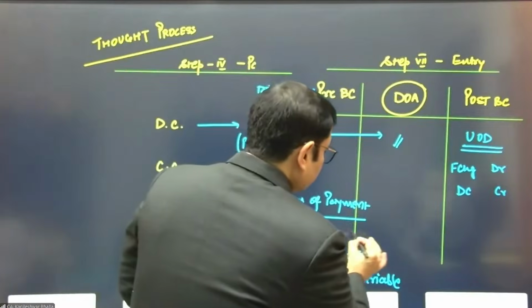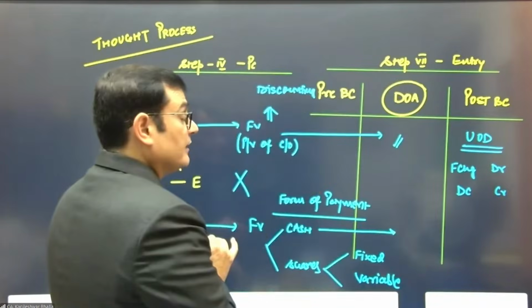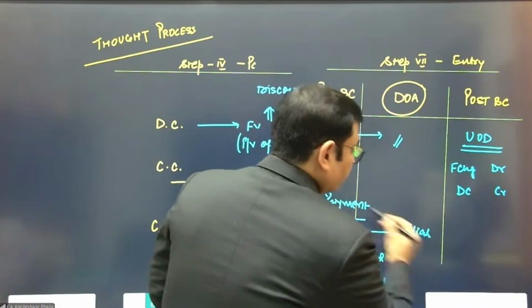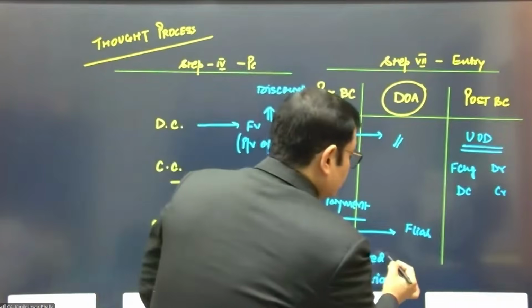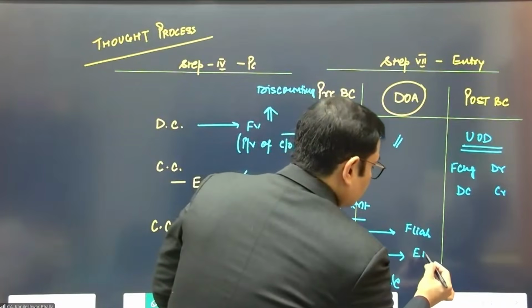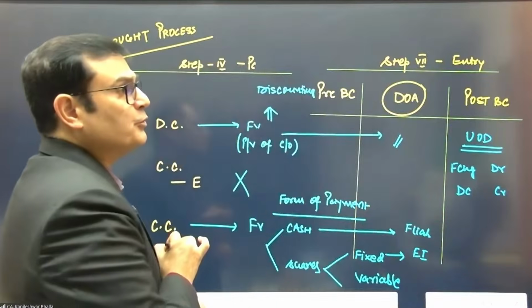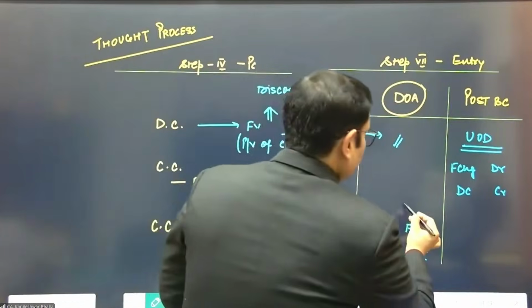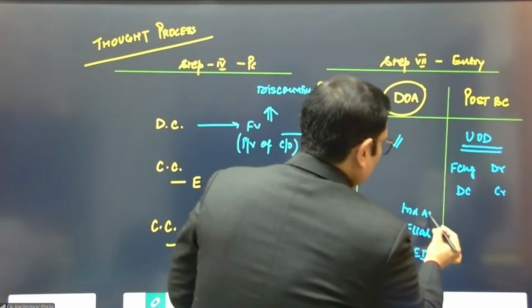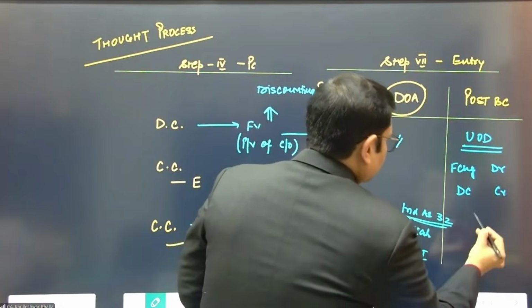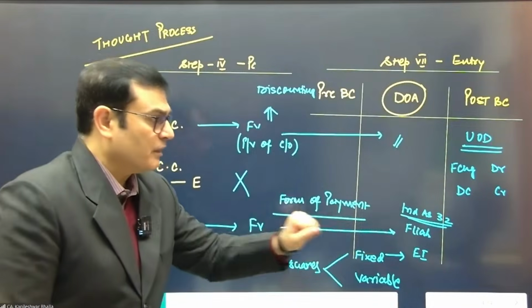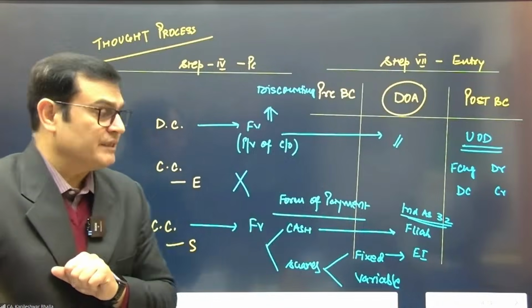If the payment is given in cash, it becomes a financial liability. And if the payment is in a fixed number of shares, it becomes an equity instrument by virtue of Ind AS 32. So that means you need to apply Ind AS 32 and then decide whether this contingent consideration is supposed to be a financial liability or an equity instrument.